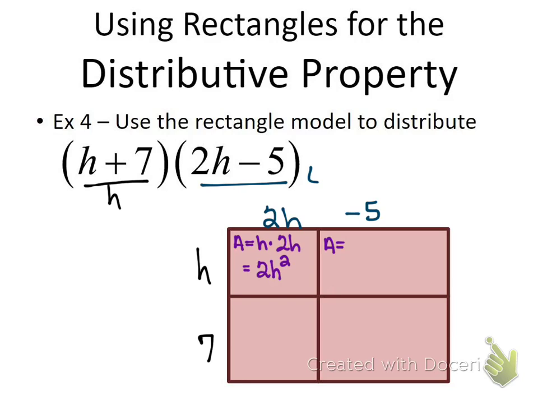Area equals 1H times negative 5, which equals negative 5H. Okay. Bottom left. Hannah. 7 times 2H, and what does that equal? 14H. Nice. And bottom right, Logan.